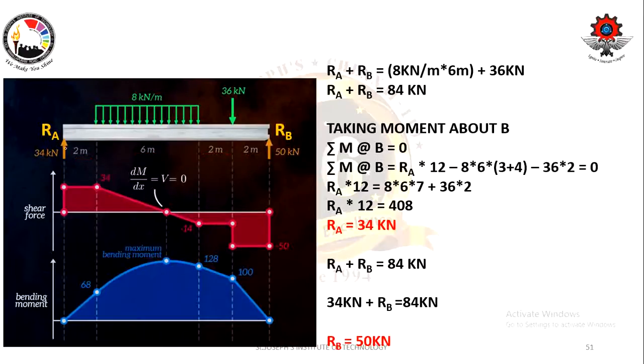So RA is traveling a distance of 12 meters to reach point B. So RA into 12. Since it is in the clockwise direction, it is positive. We have already seen in the previous problem the condition for traveling from left to right.